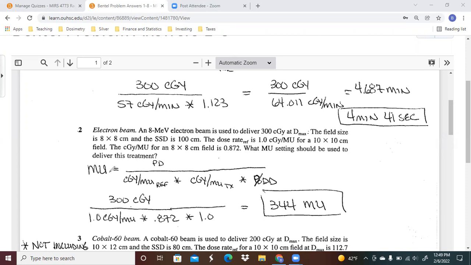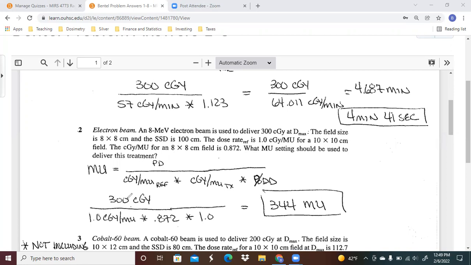The number of monitor units is going to be equal to the prescribed dose divided by the dose rate at the reference depth, multiplied by the number of centigrade per MU at the treatment depth, and then multiplied by the PDD.